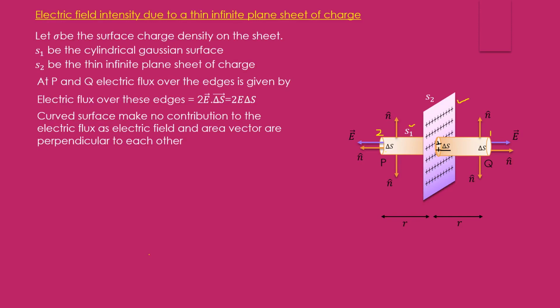So total electric flux will be only due to surfaces 1 and 2. The curved surface does not contribute to the electric flux. So the electric flux over these edges is equal to 2 times E delta S, since the angle between electric field and unit vector is 0.